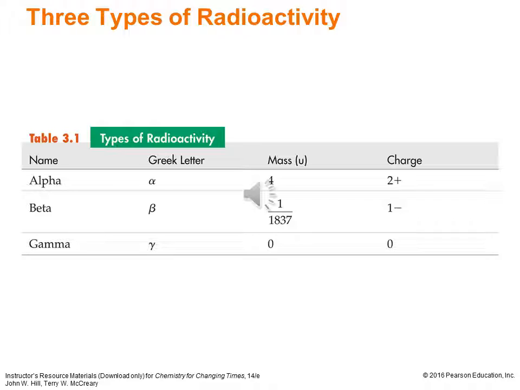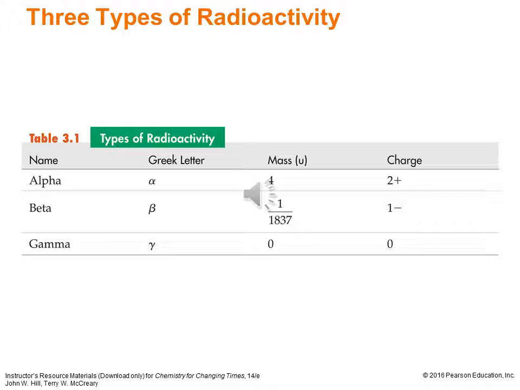Now the masses in terms of atomic mass units, the alpha particle has a mass of 4, the beta particle 1/1837th, and the gamma particle, which is not a particle at all, but a gamma ray, therefore has a mass of 0. It's light energy, it's not a particle in nature, so it's essentially massless.